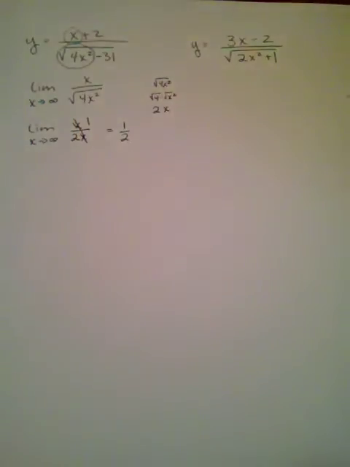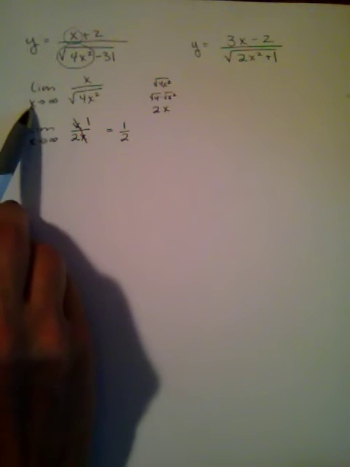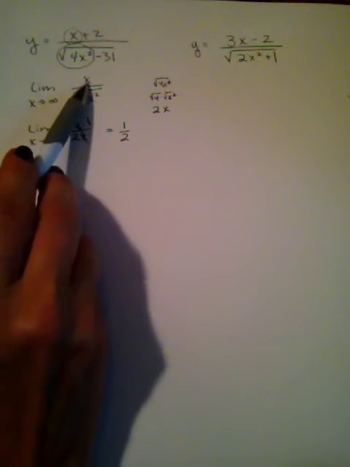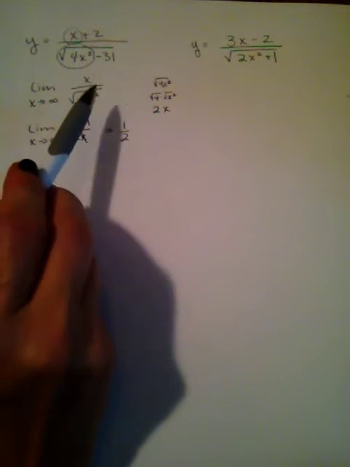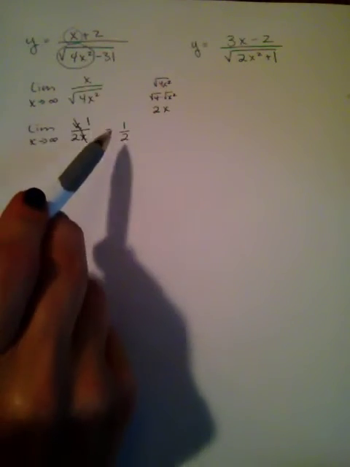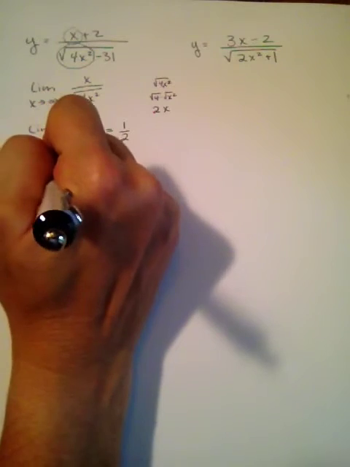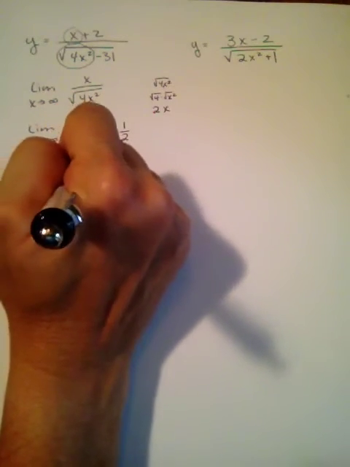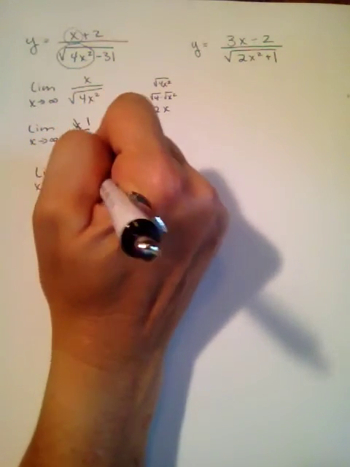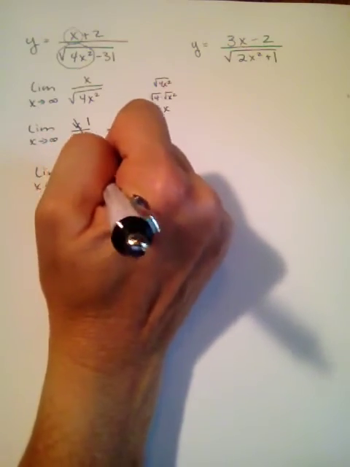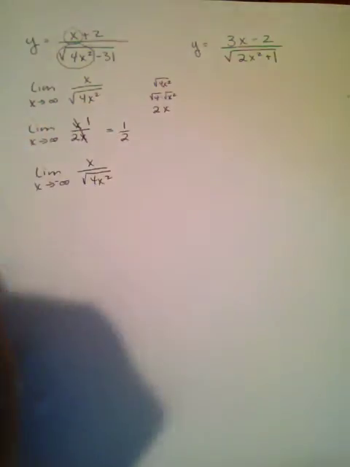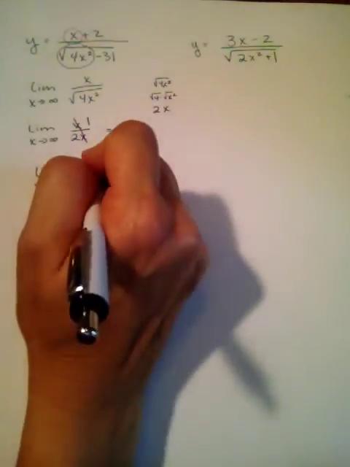So it's tempting to say that yes, we just have one asymptote here, but this is where you have to actually stop and think about what you just did. We did the limit as x approached positive infinity, so this is positive, no big deal. Positive divided by positive is positive. But if we take a look at this again, the limit of x over the square root of 4x squared, and think about negative infinity, then my numerator is going to be less than 0.